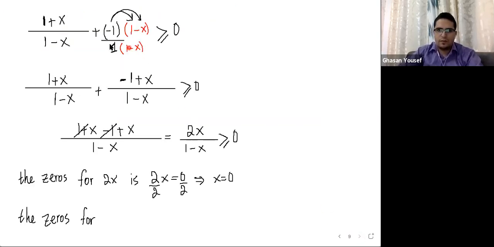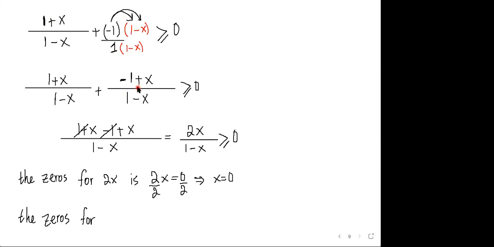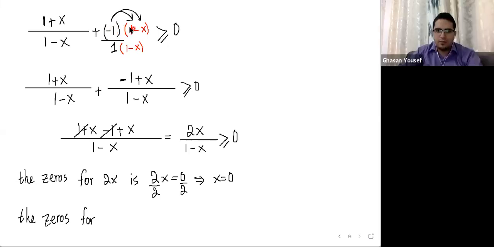When I multiply both sides by 1 minus x, I get equal denominators for the first fraction and the second fraction. Oh, okay. I get it. Now we have to multiply the minus 1 inside the parentheses. Minus 1 plus x. Now we have to combine these two fractions. I get 2x over 1 minus x.